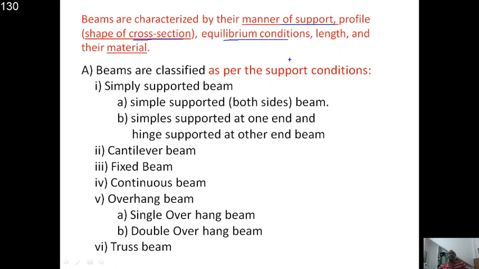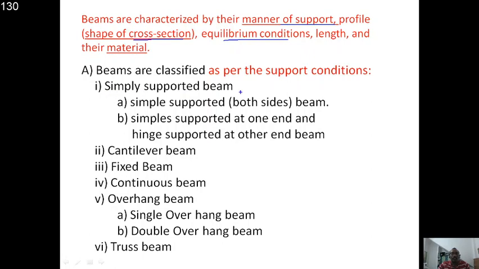We know the equilibrium conditions: sigma Fx equal to 0, sigma Fy equal to 0, sigma M equal to 0. Those equilibrium conditions you have to see, and according to the length and their material, beams are classified as per the support conditions.